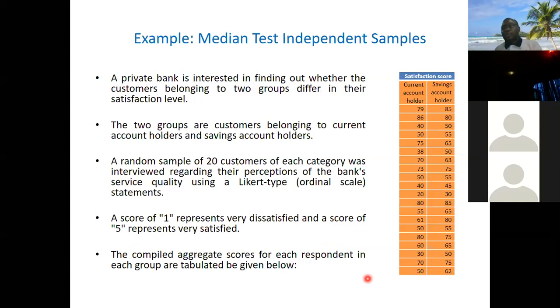They scored responses on a Likert scale, maybe up to 20 questions, then summed the marks, so these are the aggregate scores for each person. We want to see if there is any difference in the scores.